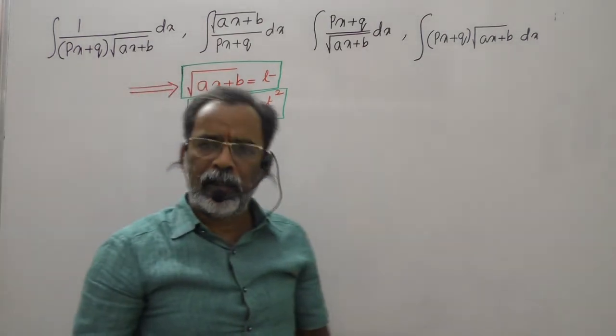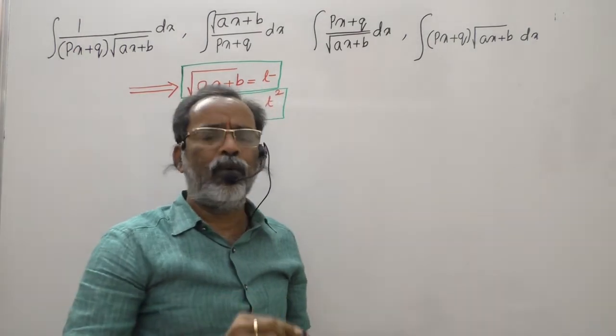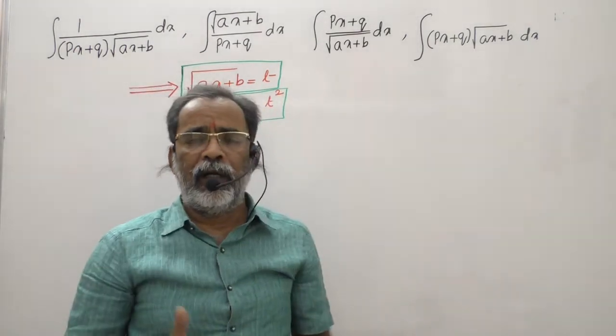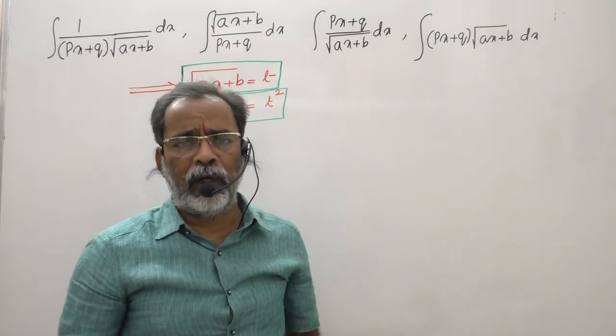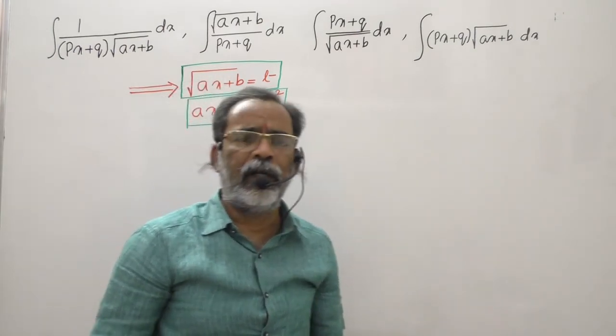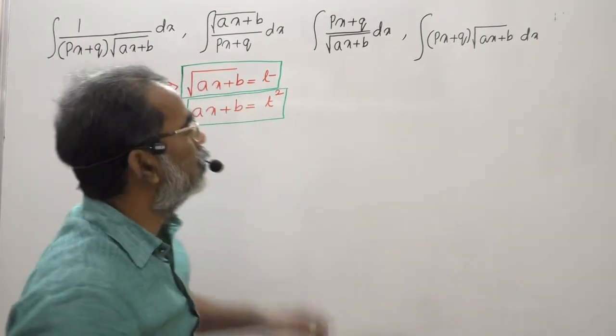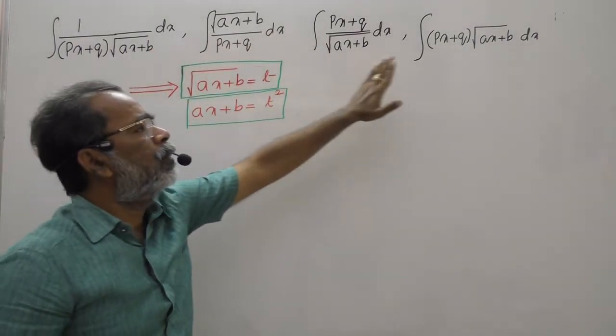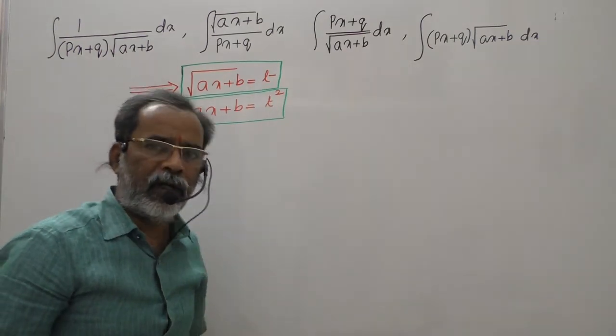By taking this substitution, simply proceed. You will get the integrand in a standard model, then you can write its integral. This is the way of finding integrals for these 4 types of integrands.